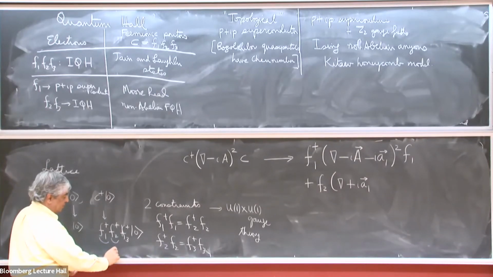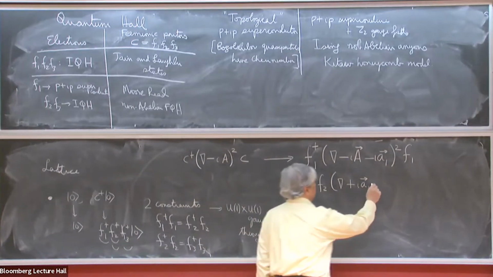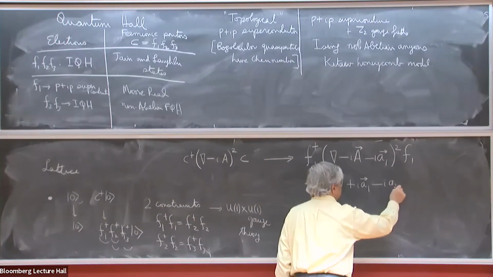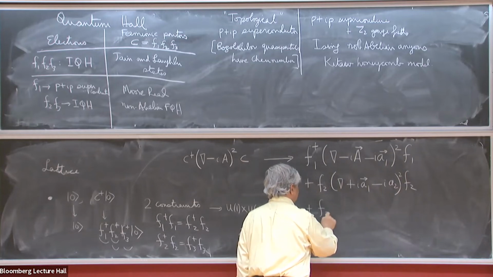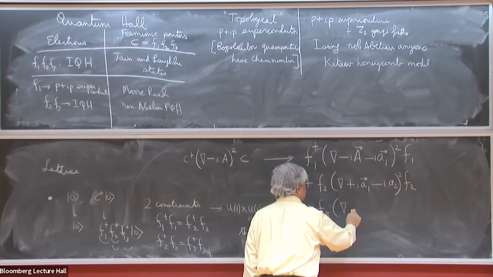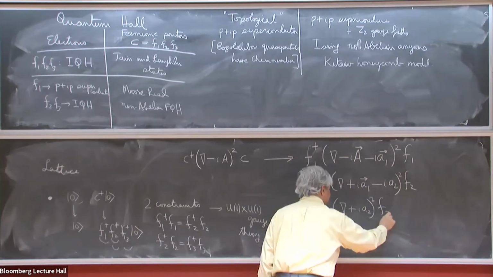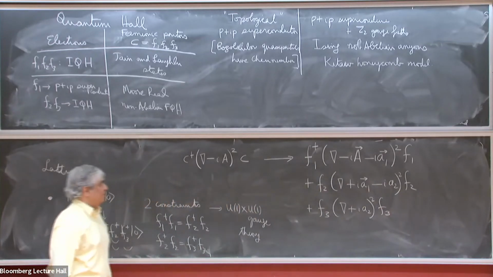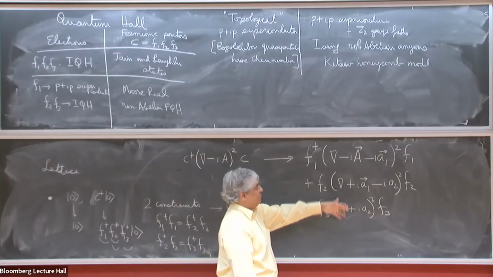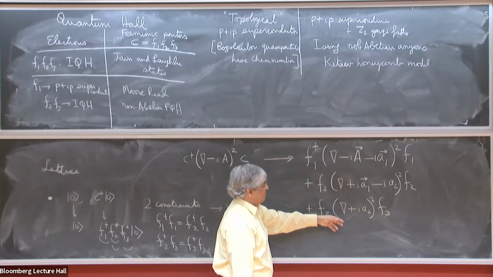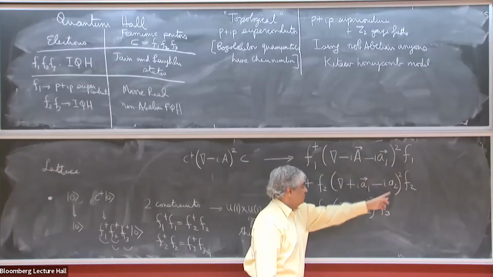And similarly, there'll be another gauge field A2, which has one sign here and the opposite sign there. So I'll have a minus A2. Plus F3, which will be acted on by A2. So I've taken my theory of electrons in a magnetic field A and converted it to a theory of 3 fermions, with this field A, and also these different gauge fields.